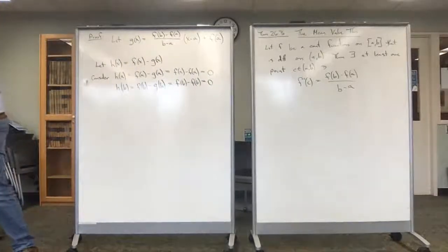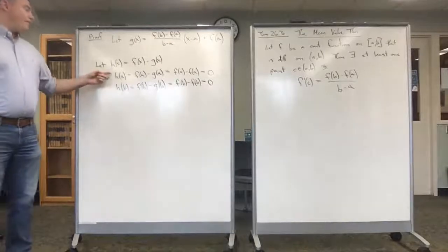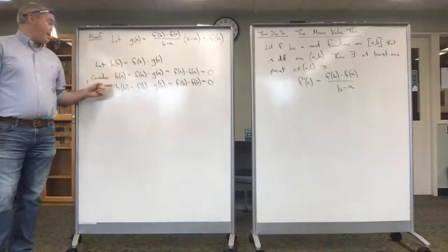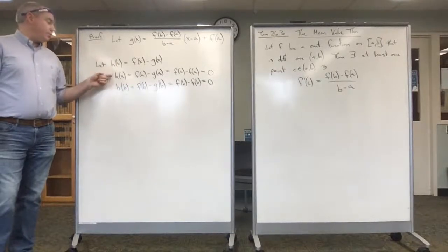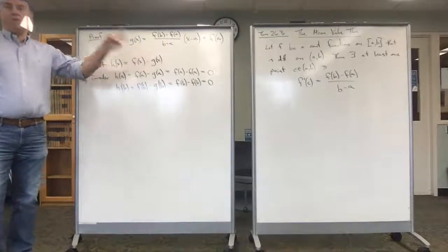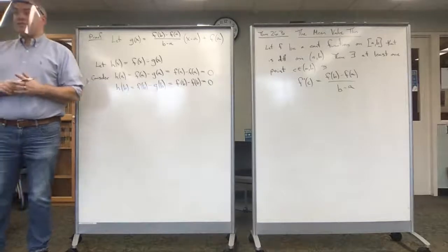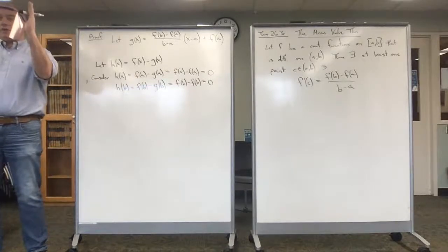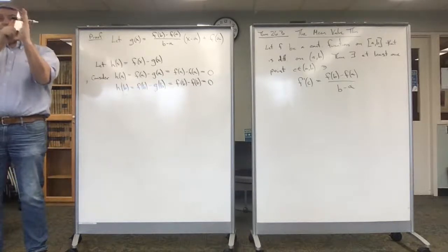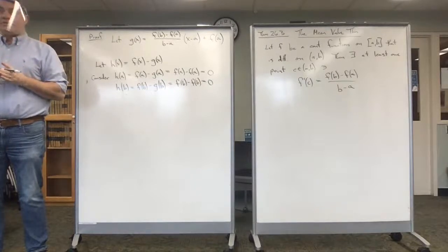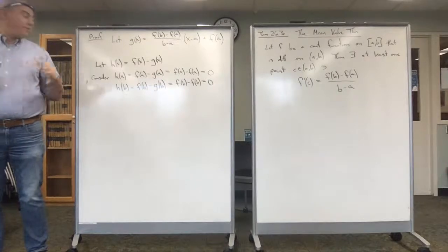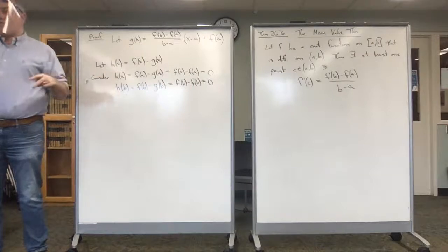Okay, this is kind of special, because at a and at b, h is 0. So it fits the conditions of Rolle's theorem. And Rolle's theorem says if you have two endpoints that are equal, then somewhere in between, what happens? The derivative of h is 0.